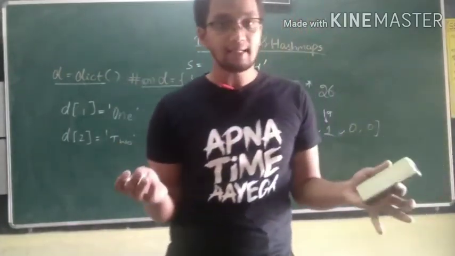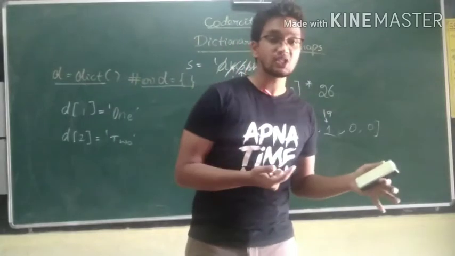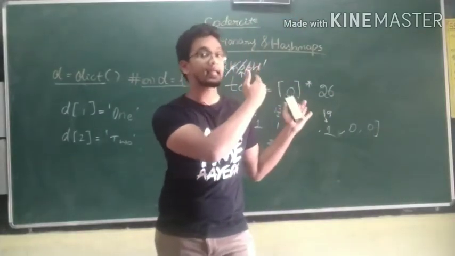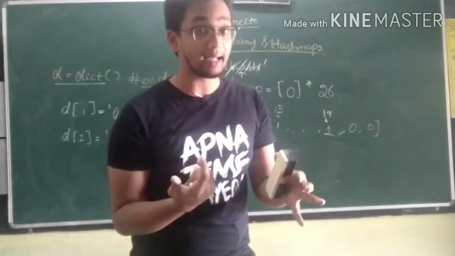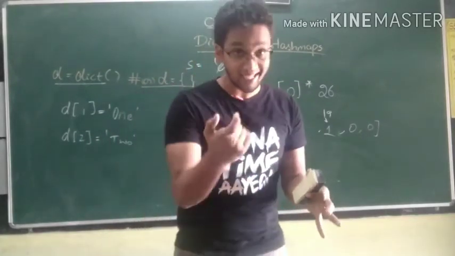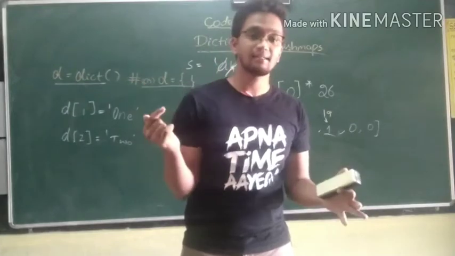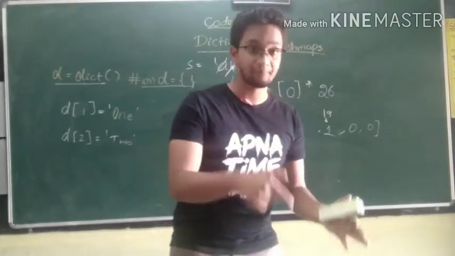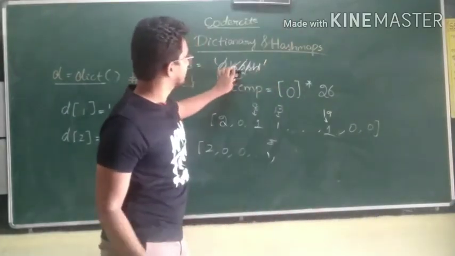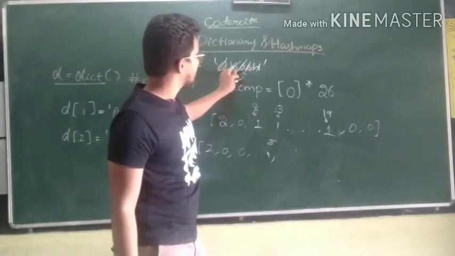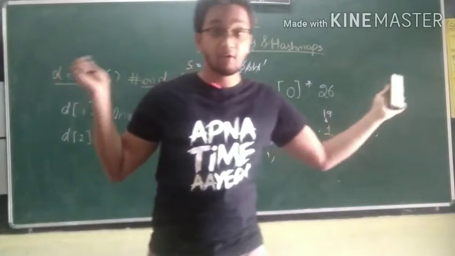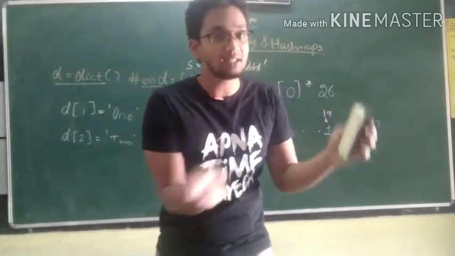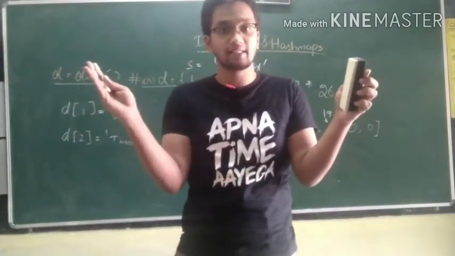So what I did there is I just mapped the characters onto a hash map so that I can get the value or the frequency of that character in O of 1 time. If I had to search the frequency of A in this string, it would take O of n, because I would have to do a linear search over the array.